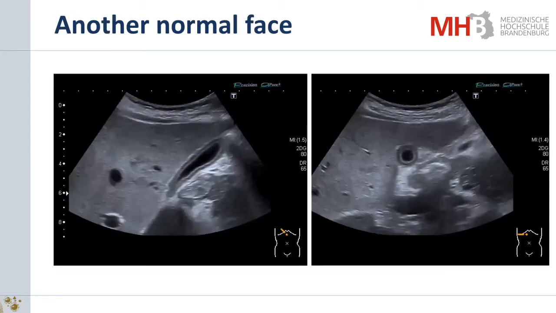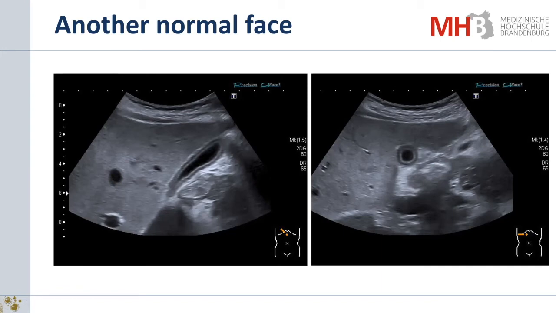And this is another normal phase of the gallbladder, and that is related to clinical ultrasound. If you do not have the information that this examination was done after breakfast of the patient, you will fail in your clinical diagnosis, because you have a thickened three-layer gallbladder wall.